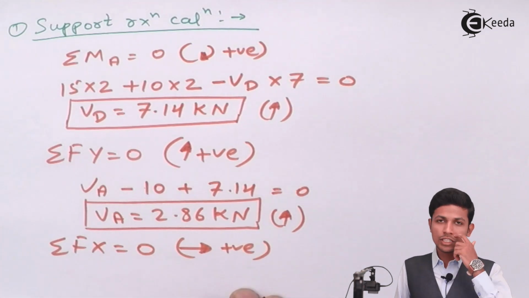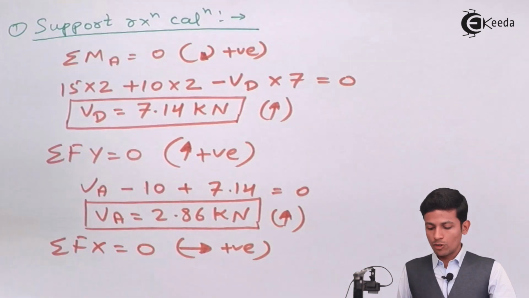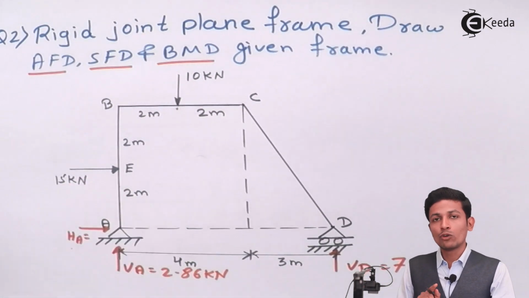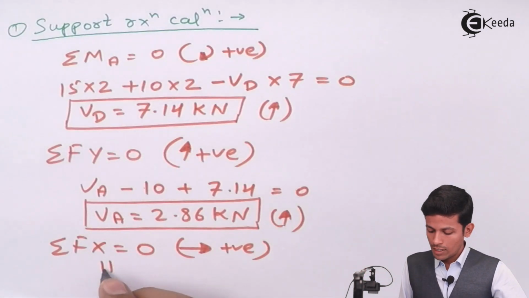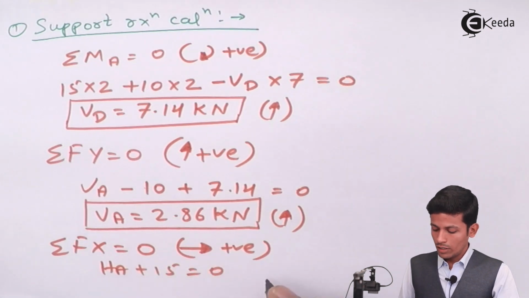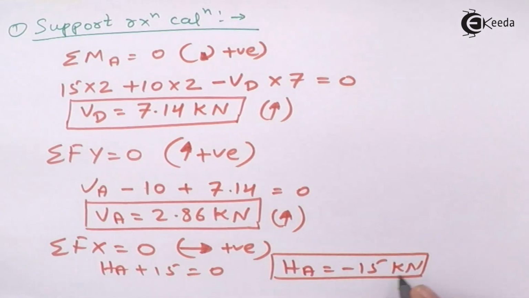Left to right will be positive and right to left will be negative. So HA plus 15 equals 0. While solving this, you get the value of HA as minus 15 kilonewton. Minus means HA will be 15 kilonewton in the opposite direction.